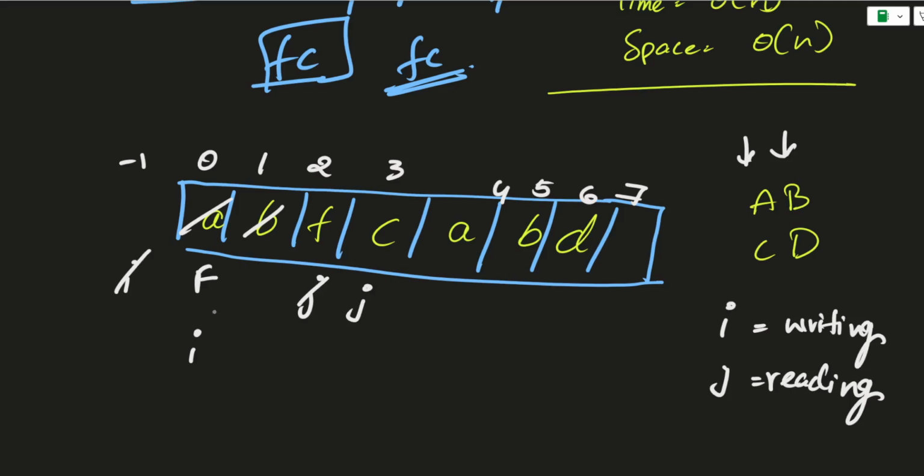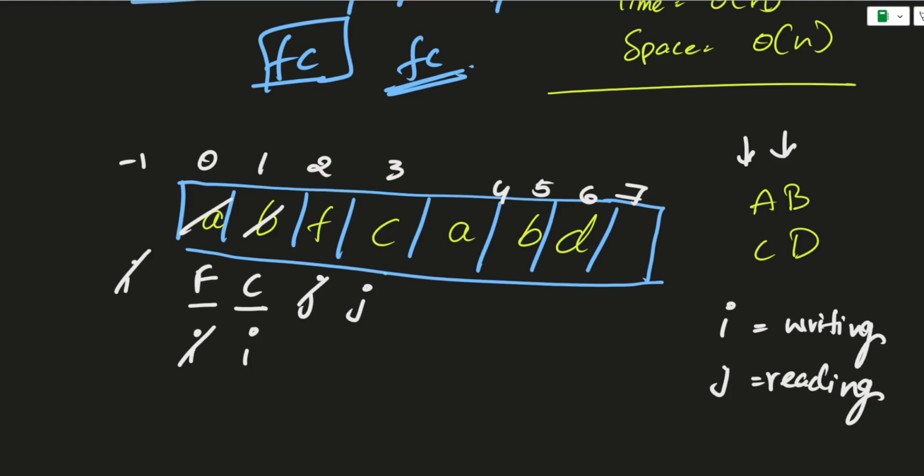Now I pointer is at F. We have overridden the A, the index 0, to F, and when we increment the J pointer we have C. After comparing I and J, we have F at I and C at J, so it's FC, it's not a pattern. So if it is not a pattern, then I pointer should place C. Then increment the I pointer and update this next index also.